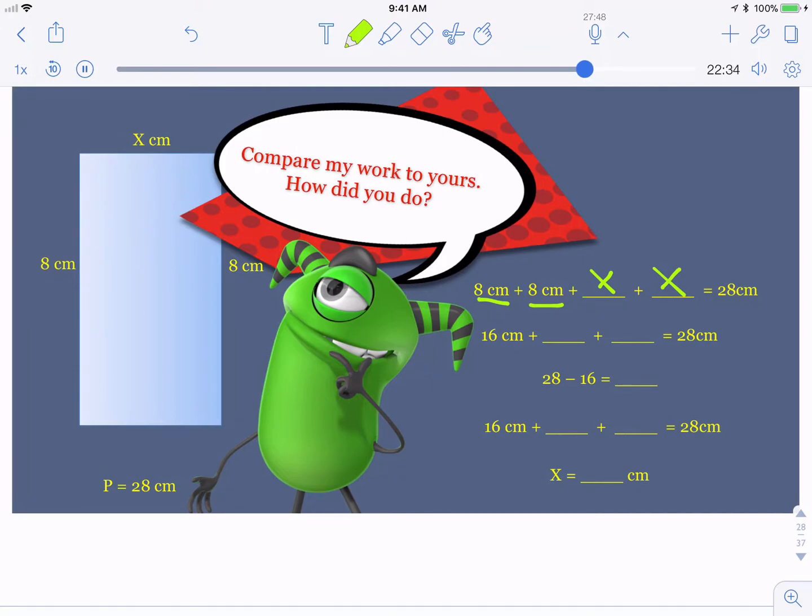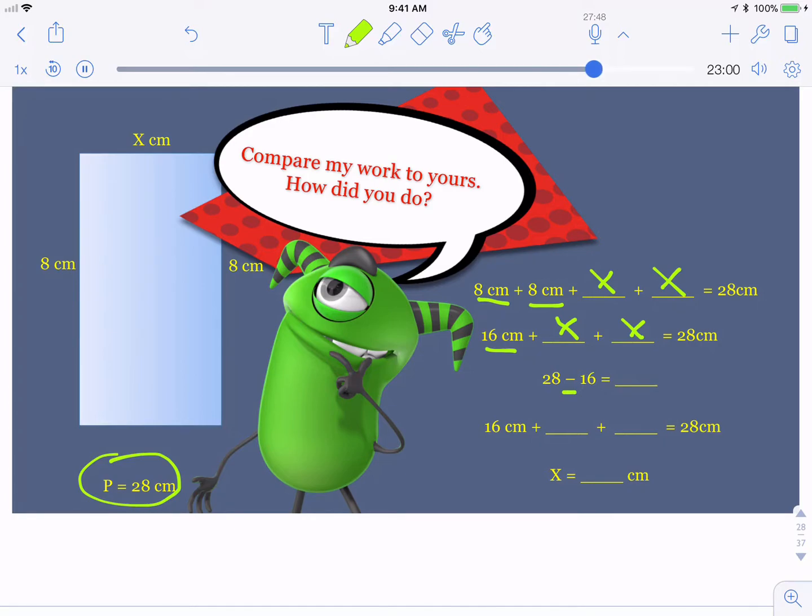Well, 8 plus 8 is 16. 16 plus blank equals 28 centimeters. Well, to find out the difference, I have to subtract. So I'm going to take my perimeter and subtract my 2 sides from it that I know. And I know that 8 and 8, so that's 16.